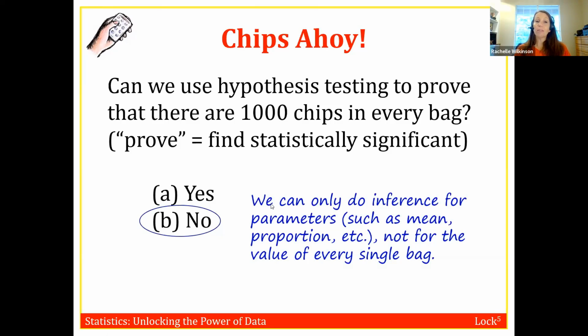But remember that when we do hypothesis testing and statistical inference in general, it's always about a parameter, which is a number that describes the whole population. So we can't prove that there's 1,000 chips in every single bag, but we could look at whether there's more than 1,000 chips on average in every bag.